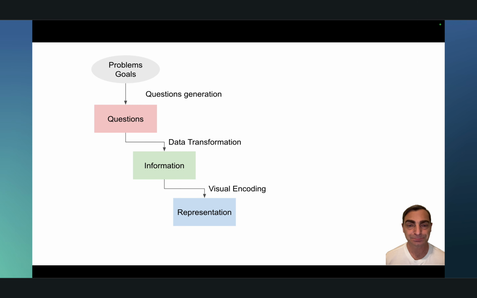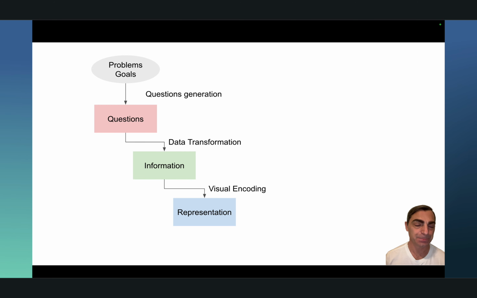And the next step, you have the visual encoding step that takes this information and produces it visually in a visual representation so that it can be inspected and understood. Now, this is a somewhat simplified set of steps. Some other descriptions can add other elements in here, but I want to keep it simple for now so that you're not confused.